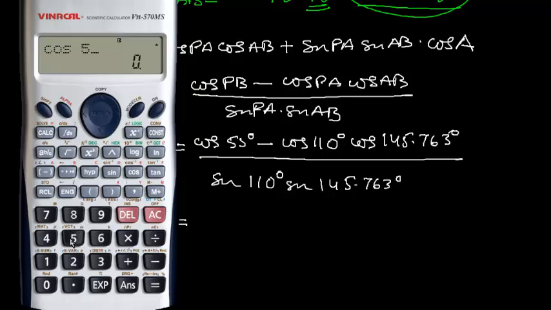So let's start with cos 55, then I put minus, then I can put a bracket, I think that's better, then I can write cos 110 into cos of 145.763, bracket close, is equal to answer.